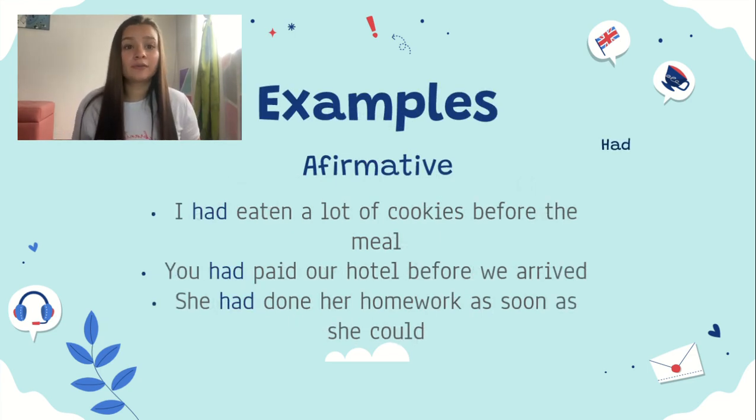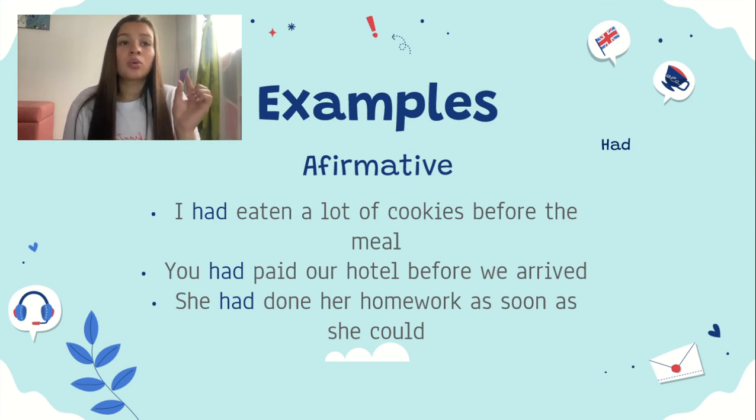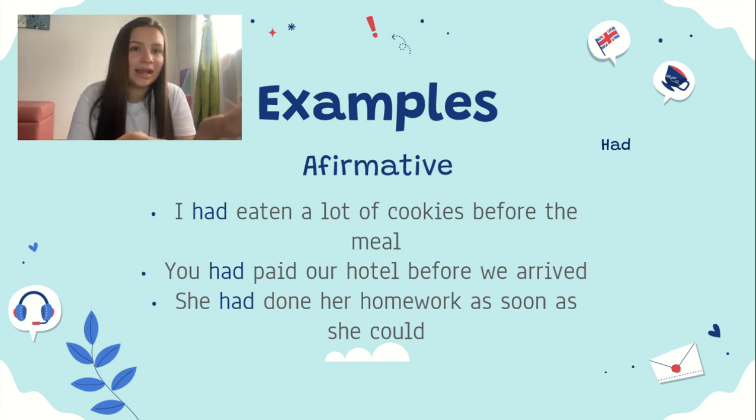Okay, so we are going to see some examples to support that idea. In affirmative form, something that is important in this part is that we use the auxiliary had with all subject pronouns. So for example, I had eaten a lot of cookies before the meal. For example, the meal is the past simple, the past, but before this past I did something else.